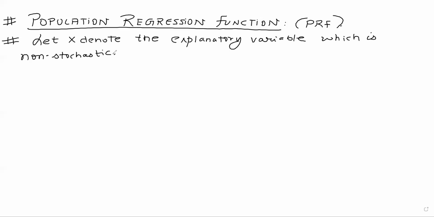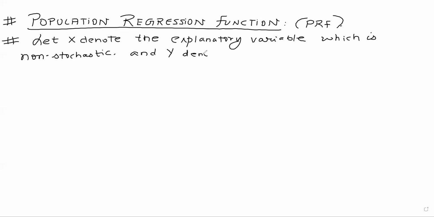If you have a variable which has a probability distribution attached to it, it is called a stochastic random variable. If you have a variable which is taking fixed values, with no probability distribution attached, that is called a non-stochastic variable.